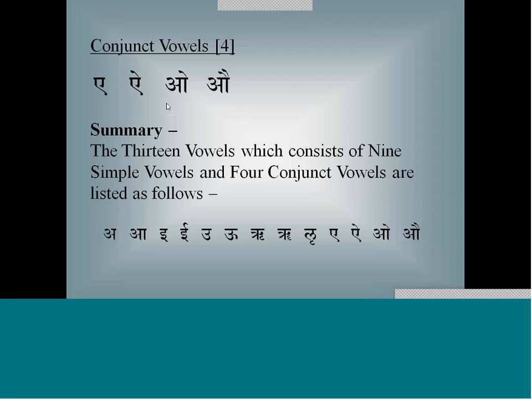Therefore, the 13 vowels, which have 9 simple vowels and 4 conjunct vowels, you can see. This is the order: A, I, U, R, L, A, I, O. In this, the 3 basic sounds are A, I, and U. All other sounds are a combination of these 3 sounds.